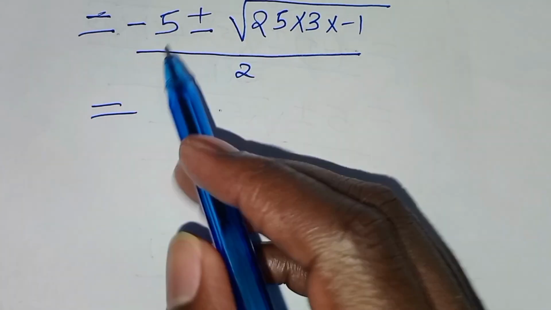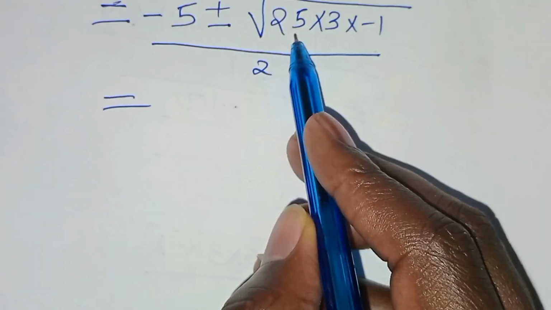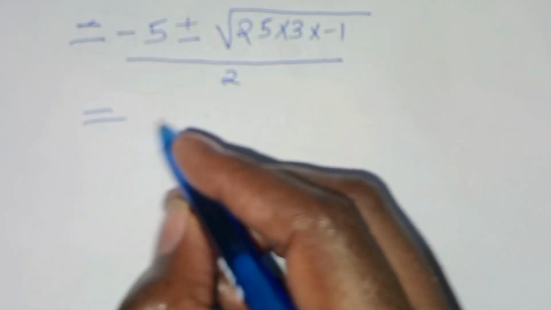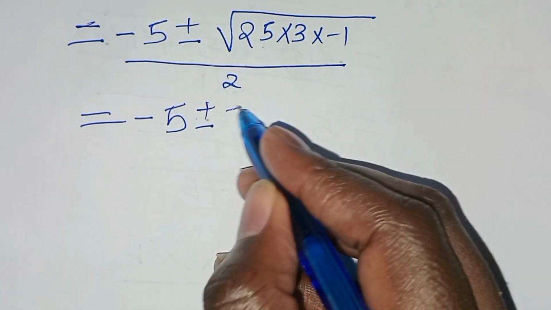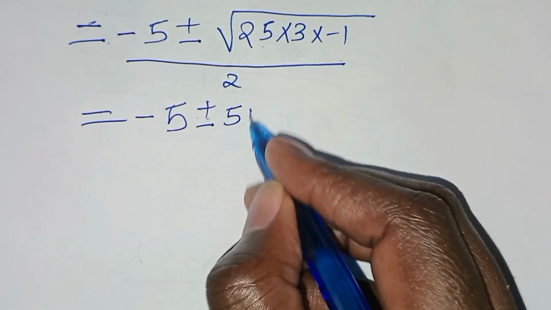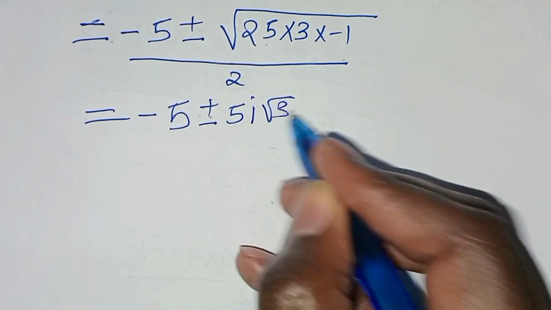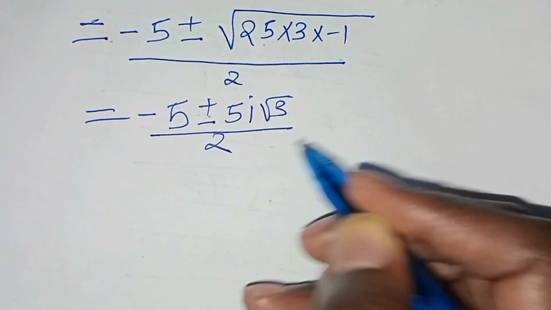Now we have negative 5 plus or minus the square root of 25 times 3 times negative 1. This is the same thing as negative 5 plus or minus the square root of 25, which is 5, the square root of negative 1, which is i, then the square root of 3, all this divided by 2.